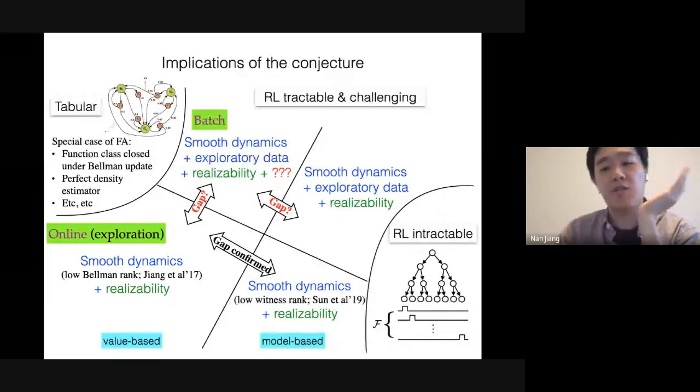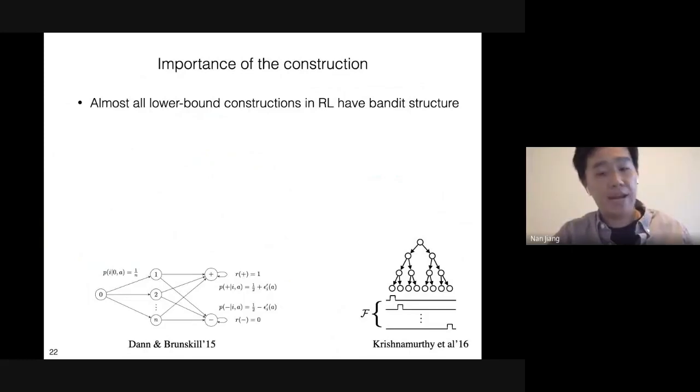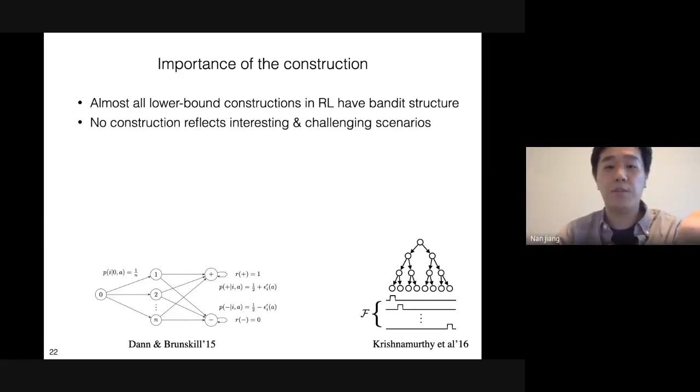And it's also interesting for a different reason, that its construction is going to be highly different from all the lower bound constructions we have so far in the RL literature. Because all the constructions we have so far essentially have a banded structure.